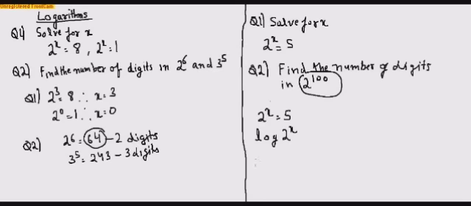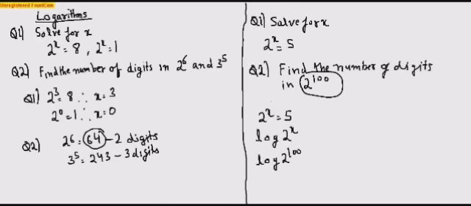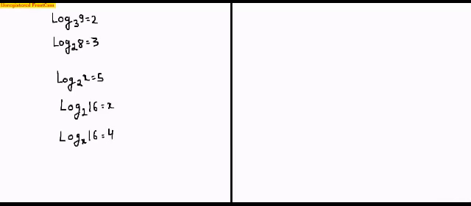Similarly, my second problem was to find the number of digits in 2 to the power 100. Once again, I will try to solve this problem by taking log of 2 to the power 100. So now in order to solve these problems using logarithms, I will introduce some of the basic concepts of logarithms.